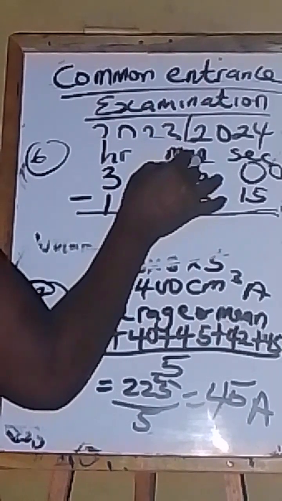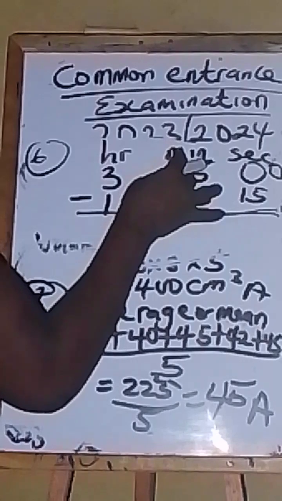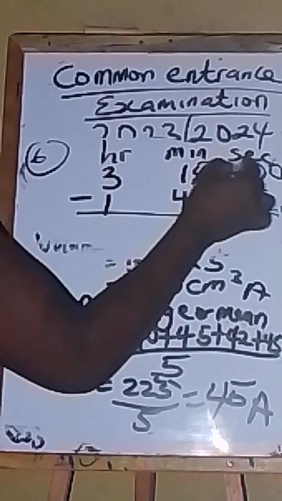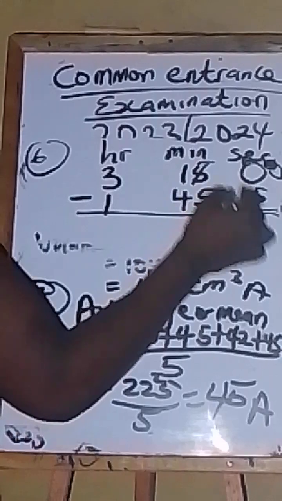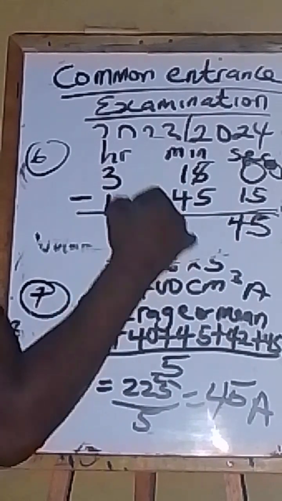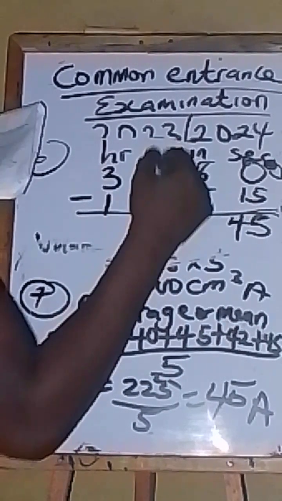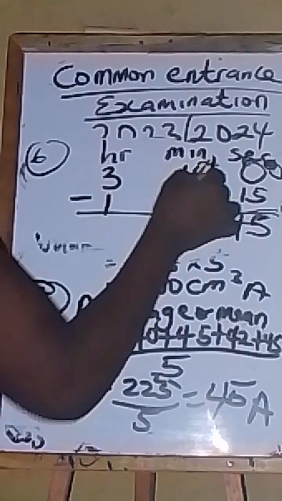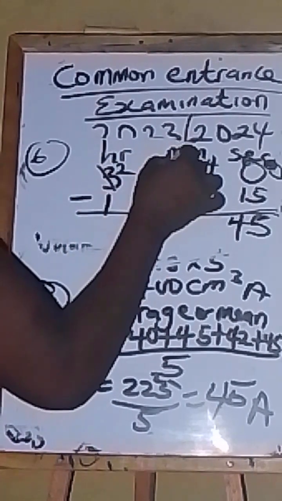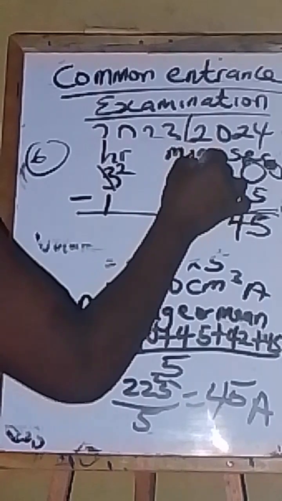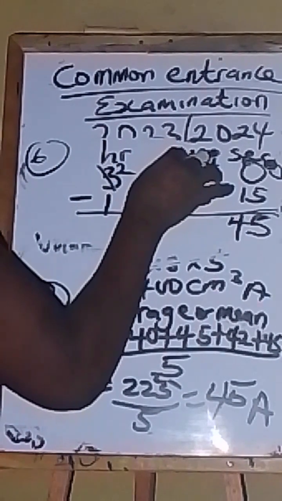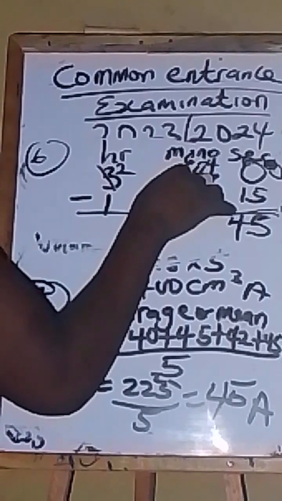Whatever you borrow, the one that you are borrowing will come to be 60. So this is 545. So here we have 4. So you also borrow from here. This will be 2. The one you are borrowing is 60. So from here, 0 plus 4, we have 4.